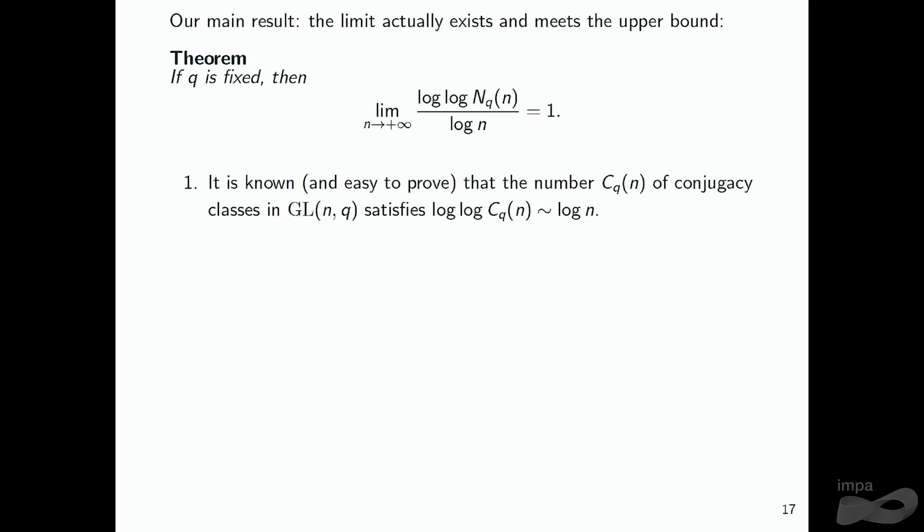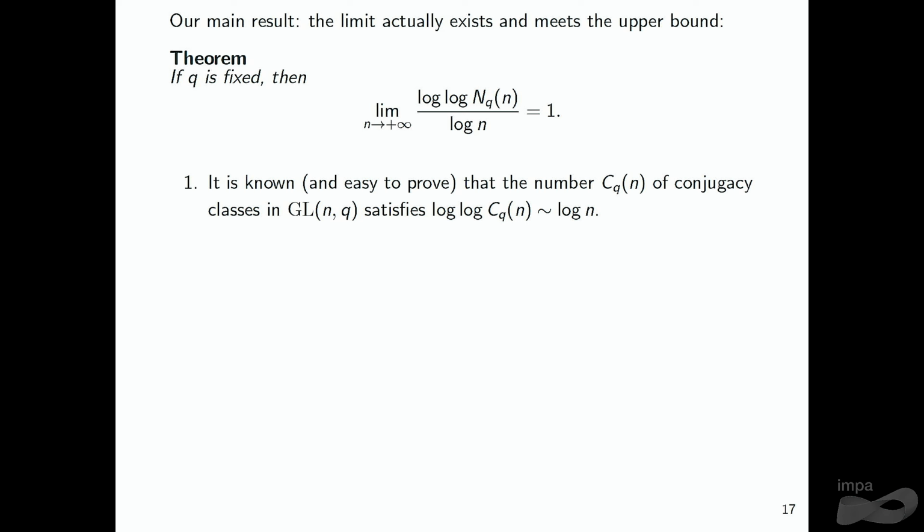And just one comment about this result. Well, it's almost an exercise to prove that the number of conjugacy classes in the general linear group satisfies this growth, right? So log of C_q(n) grows like log n, right?